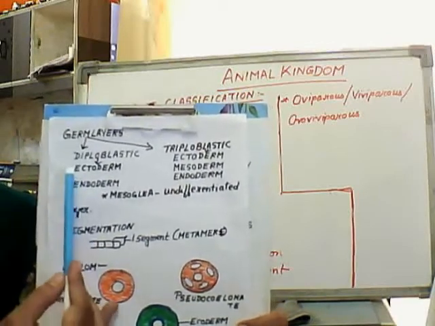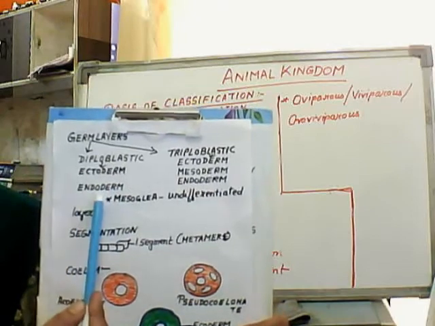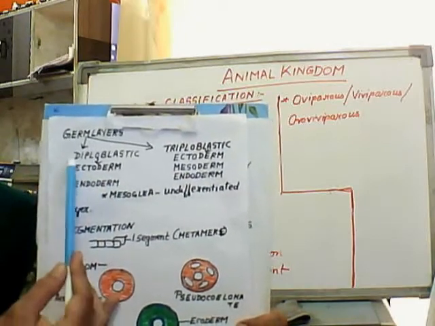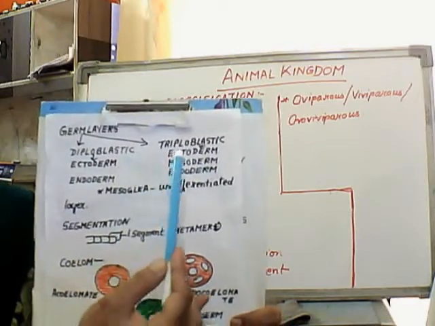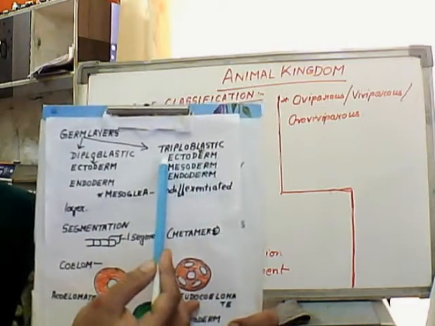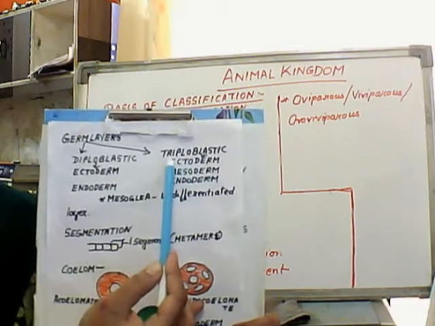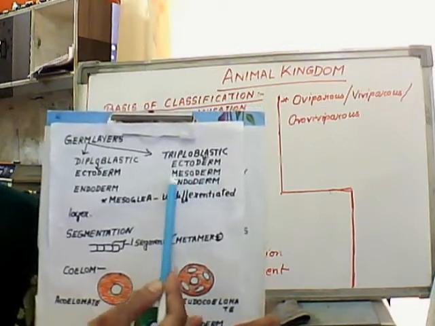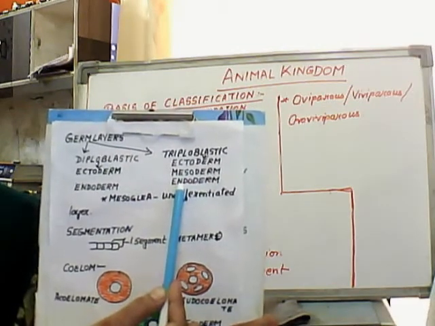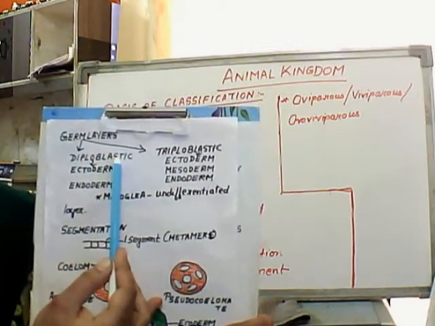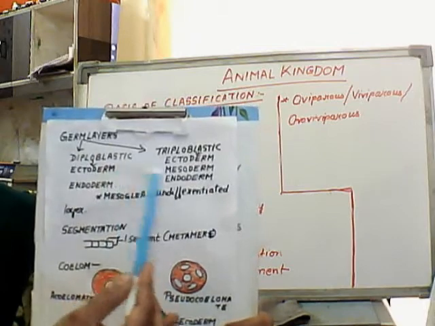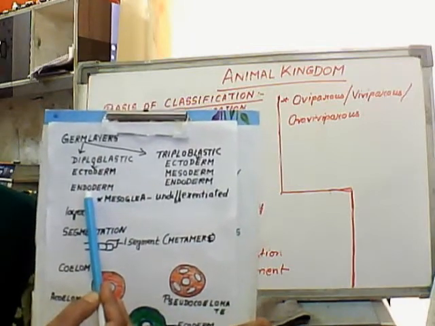Some of them have only ectoderm and endoderm, and in such case those organisms are said to be diploblastic. But some animals have all the three layers, that is ectoderm, mesoderm, endoderm, and they are said to be triploblastic. So according to the type of germinal layers, the animals are further classified into various phyla.